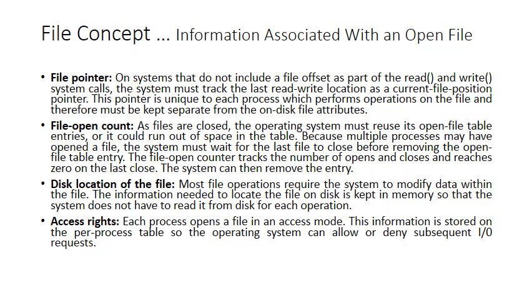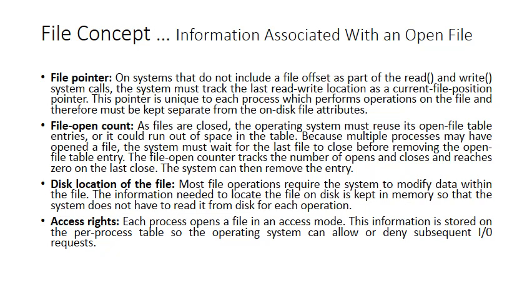Next, we'll be learning about some information which is associated with an open file. First one is the file pointer. Many systems do not include a file offset. In such systems, as part of the read and write system calls, the system must track the last read-write location as a current file position pointer.